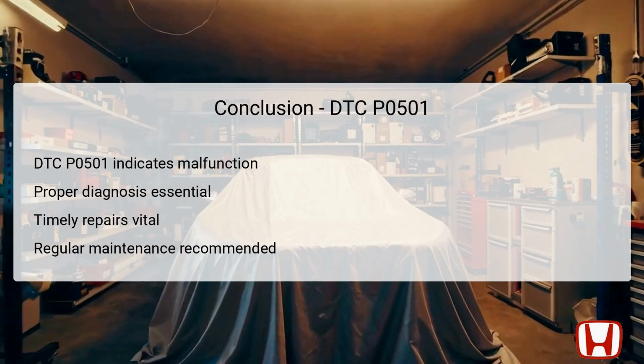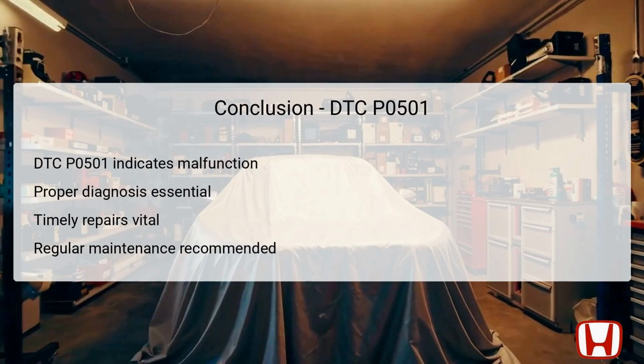In summary, DTC P0501 is a clear indication of a malfunction within the CVT speed sensor circuit, which requires prompt attention. Understanding the roles of the CVT speed sensor and TCM helps clarify the importance of proper diagnostics to pinpoint the root cause of the problem.